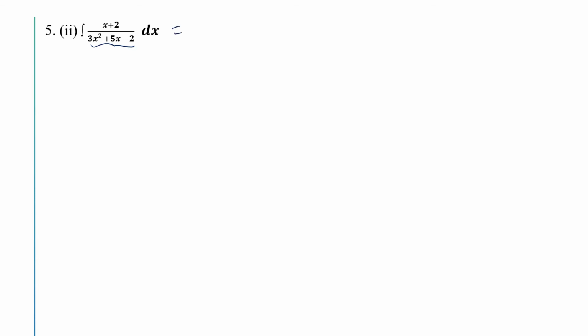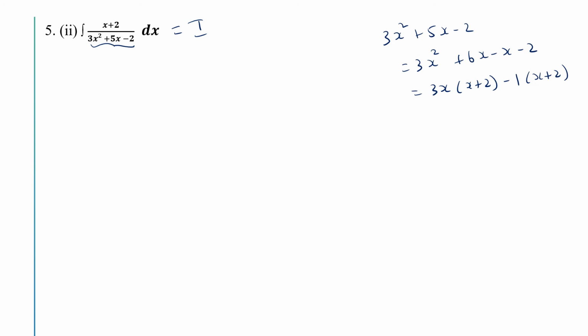So let us take this as I. Now 3x square plus 5x minus 2, we can factorize this as 3x square plus 6x minus x minus 2, or it is equal to 3x into x plus 2 minus 1 into x plus 2. So the denominator is 3x minus 1 into x plus 2.